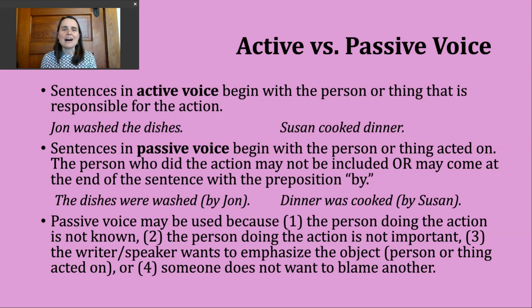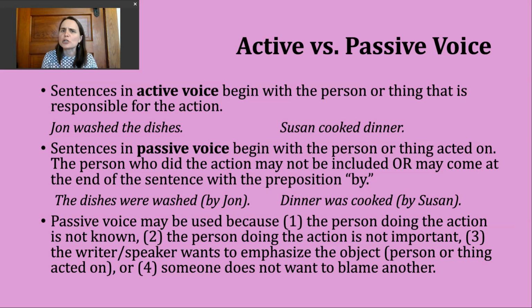Okay. This also comes up when it relates to sentences that sound like blame, where we're saying something bad happened, and it might be a little tempting, right, to say this person made this mistake, or did this bad thing. But sometimes that seems a little aggressive.